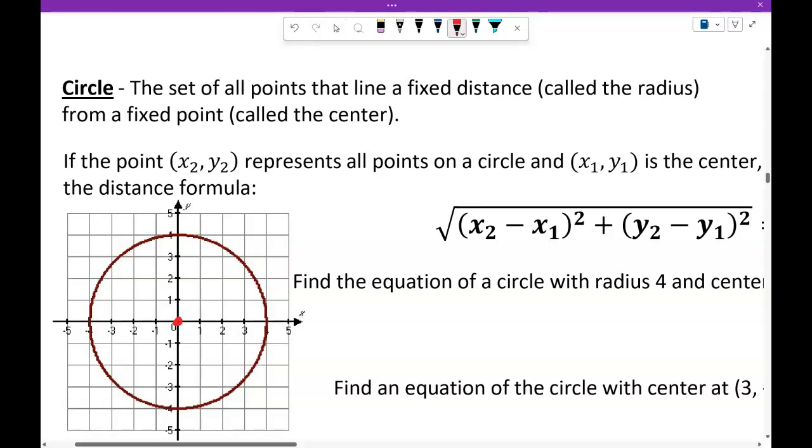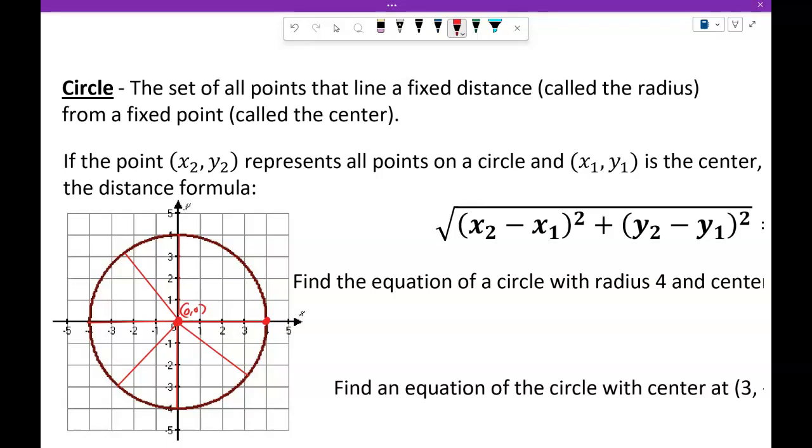Here on this circle, we have a center at the origin (0, 0) and a fixed distance called the radius. Here we have a radius of 4. We can go right 4 units, left 4 units, up or down 4 units, and any other diagonal distance will also be 4 units from the center.